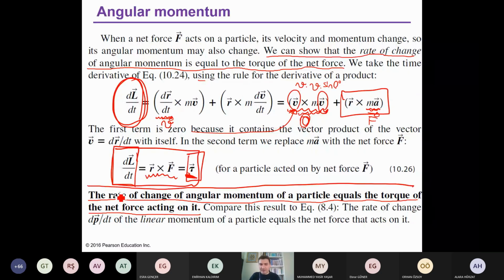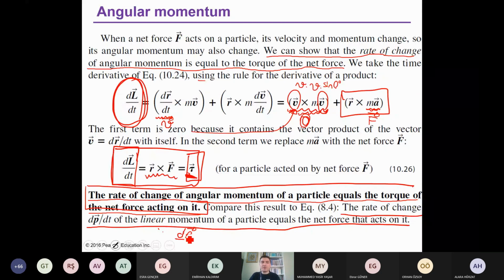Remember chapter 8: the rate of change of linear momentum of a particle equals the net force that acts on it. So this expression from chapter 8, dp over dt, is the force. What we have here, dL over dt, is the torque.